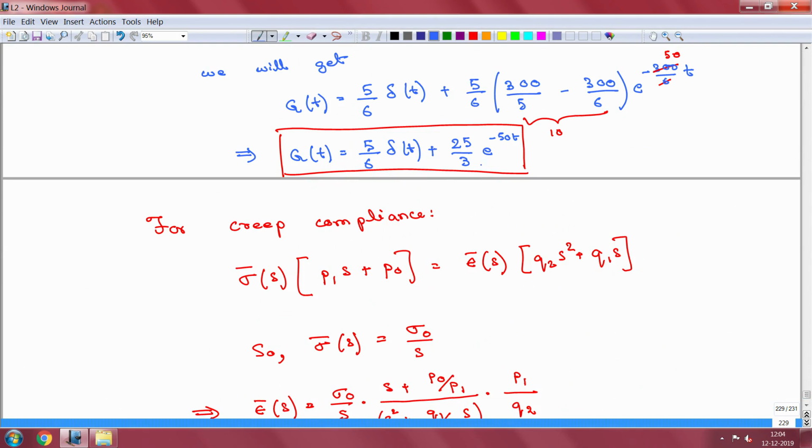So, the two values are different. So, we have two characteristic time scales corresponding to the two different functions that we have explored, right. The characteristic time scale associated with G(t) is the relaxation time scale, whereas the one that is associated with the creep function is the retardation time scale, right.